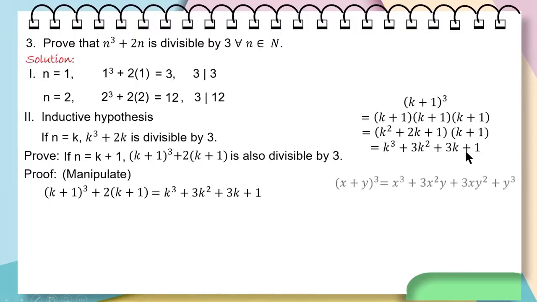Or, we can use the cube of the sum of the two terms, which states that x plus y quantity cube is equal to x cubed plus 3x squared times y plus 3x times y squared plus y cubed. Here, our x is equal to k, while y is equal to 1. So we have x cubed or k cubed, since we let x be equal to k, plus 3k squared times 1.